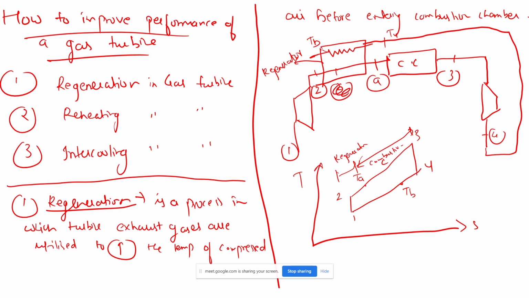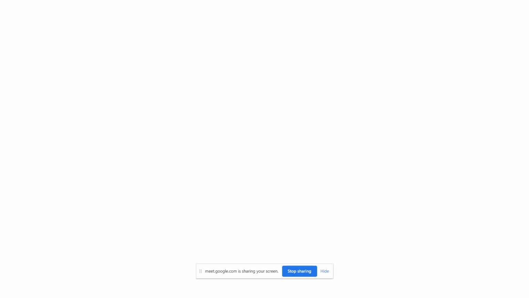Can any one of you tell me what will be the difference in each and every process, like compressor work, turbine work, heat addition, heat rejection, efficiency, network output of the process? First I will tell you, then you try to answer for the other process like reheating. First, wait, I will draw two diagrams.